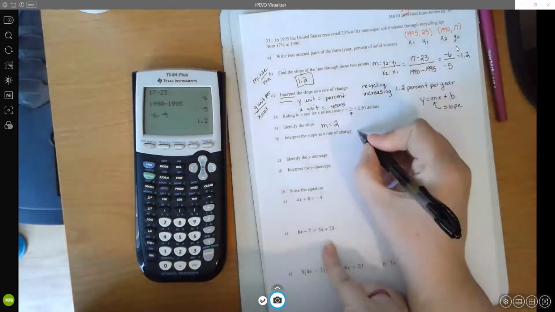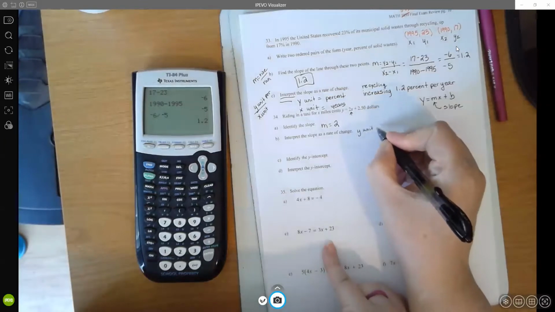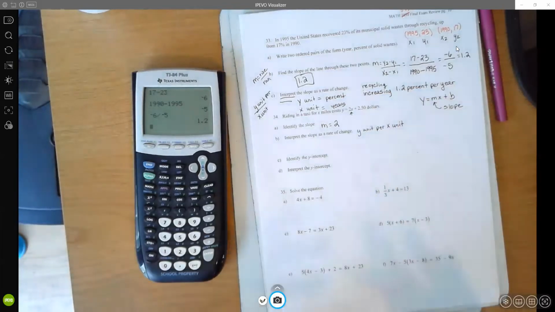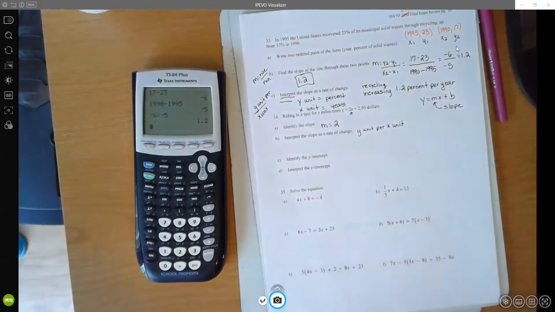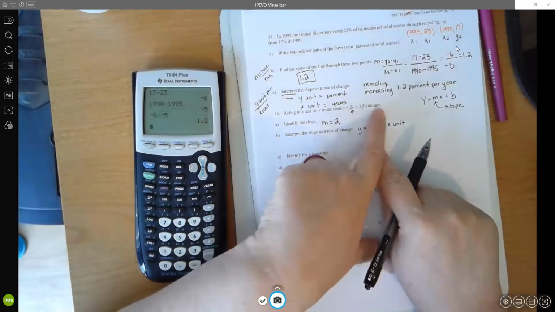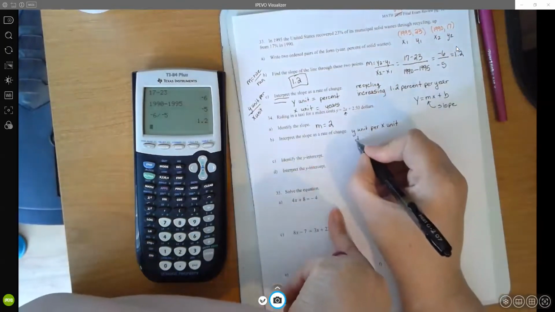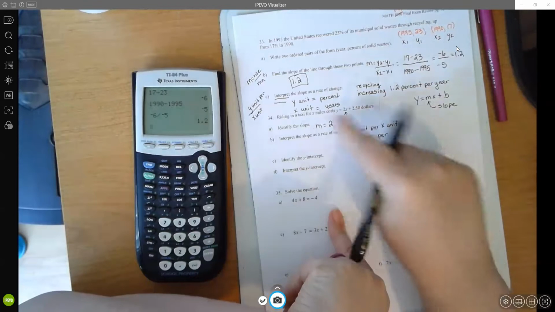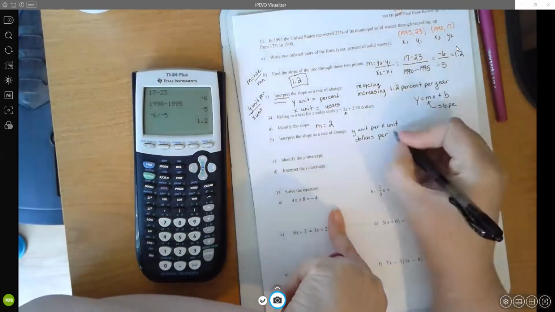Well, again, we want the y unit per x unit. And unit means what it's measured in, the type of measuring that we're doing, like inches, miles. So in this case, the y is dollars. So the y unit is dollars per, and the x is measured in miles.